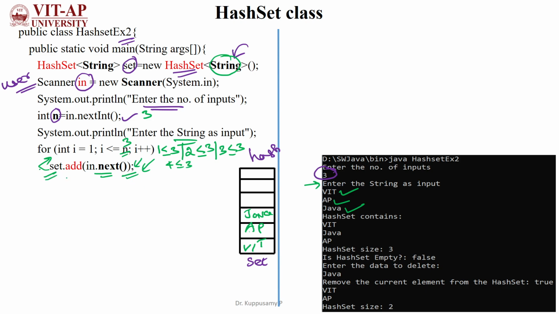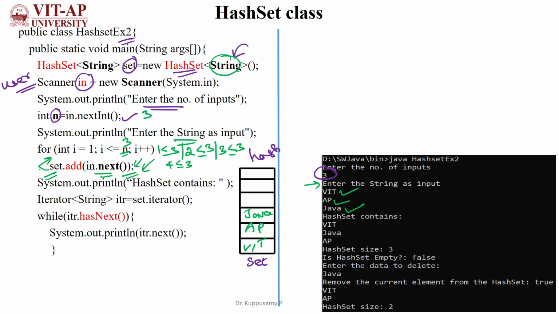It will come out of the for loop, right? After coming out of the for loop, now I want to display the hash set. What is the hash set having, right? So here I'm using the ITR object to iterate the values in the set. So here I assign ITR.